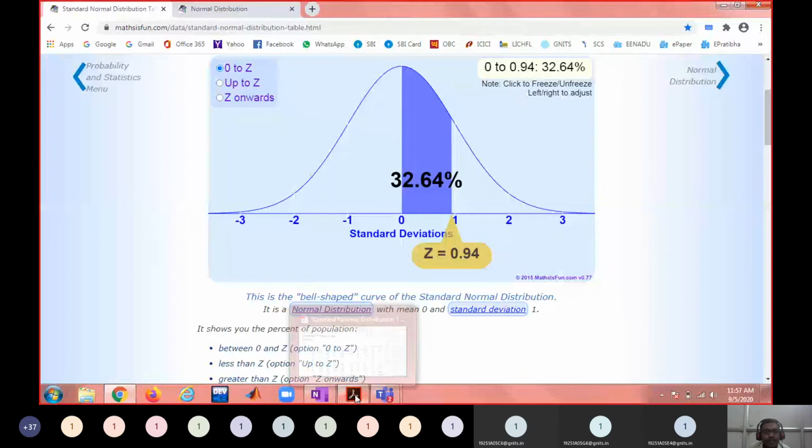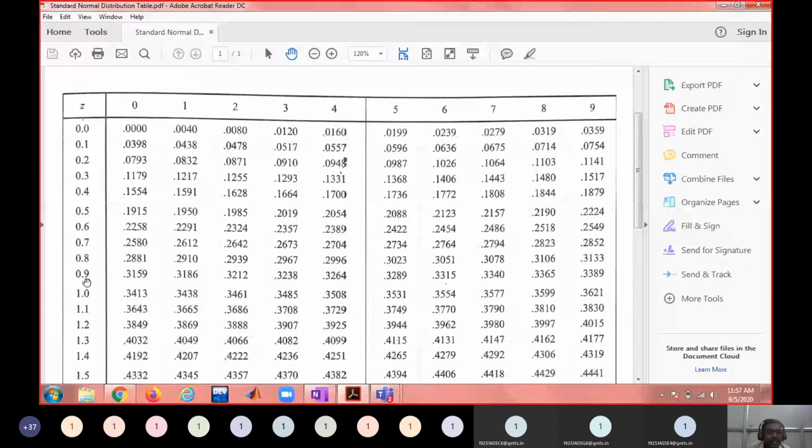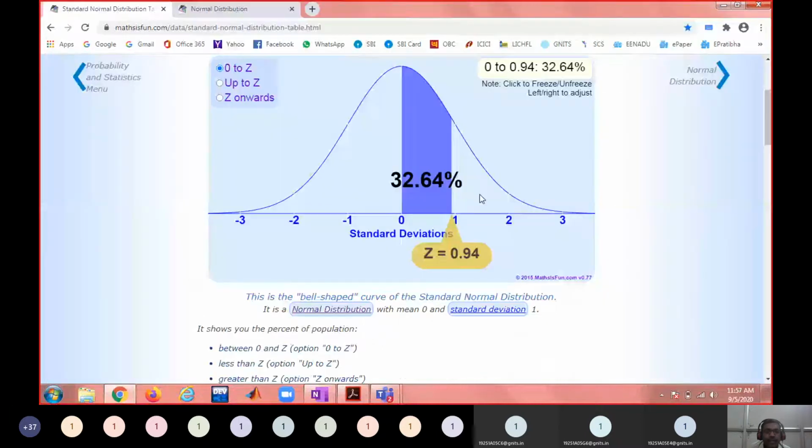From the normal distribution table, when you look at 0.94, you should see 0.3264. Let us verify. I look at 0.9 in the column and 4 in the horizontal row. What value do you see? 0.3264, which is 32.64%. Is this clear to all of you?